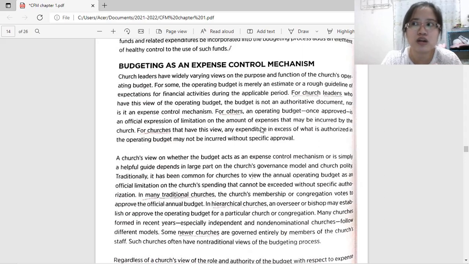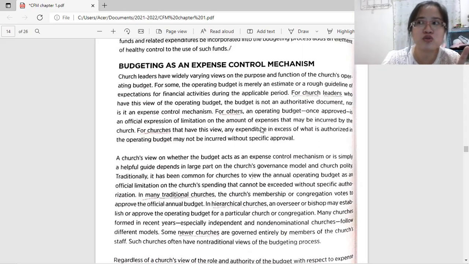Okay, when you allocate budget to the different activities, the total should not go over your projected cash inflow. Okay? If this is 1 million, the cash outflow should not be more than 1 million. Because you only have 1 million.